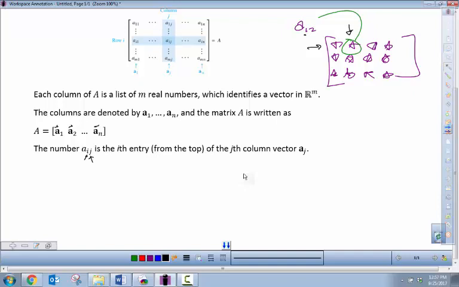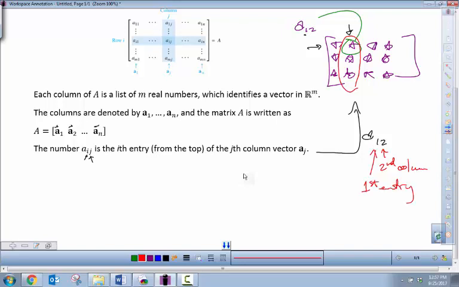So back to this picture over here, A sub 1, 2 is going to be in the second column, and then it's going to be the first entry. The first entry in the second column.